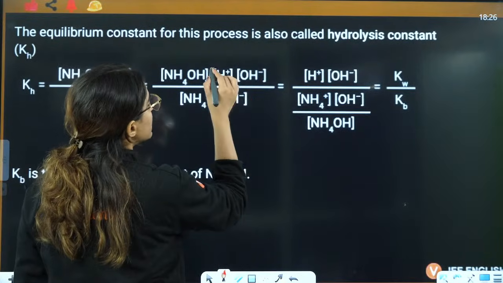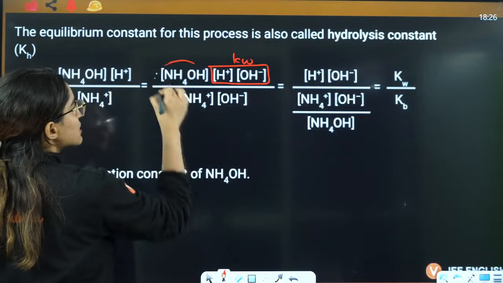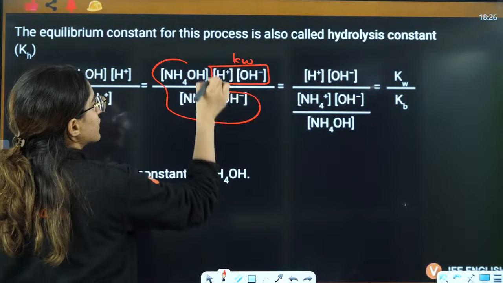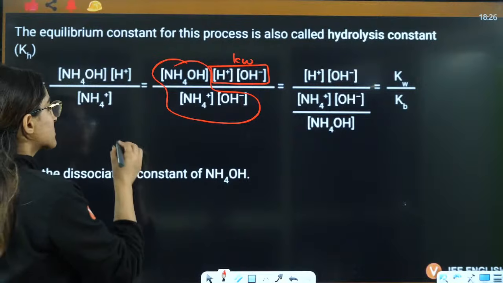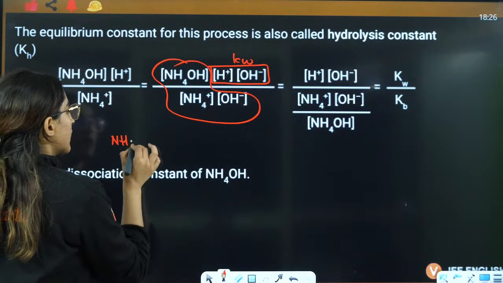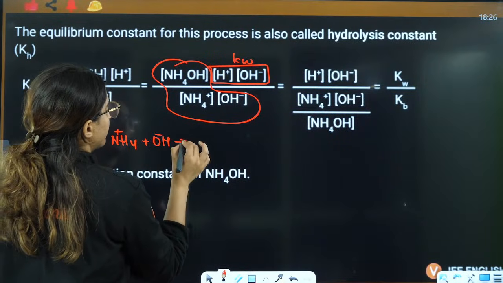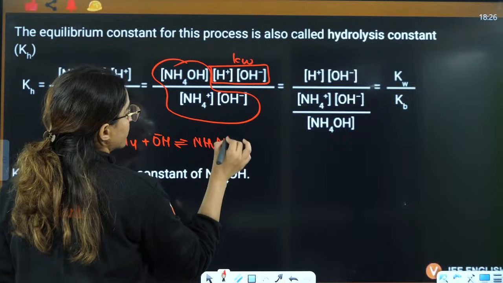Now this part is going to form Kw. And overall, NH4OH divided by NH4 positive and OH negative: NH4 positive, when it accepts OH negative, will become NH4OH.